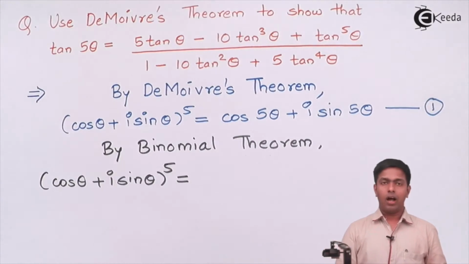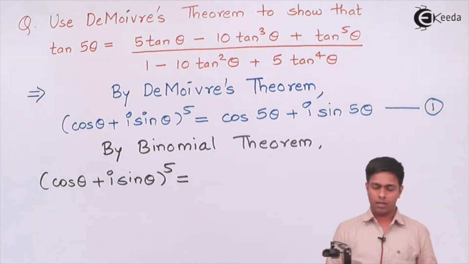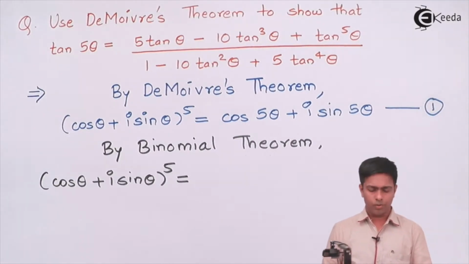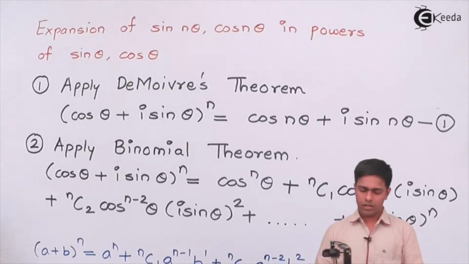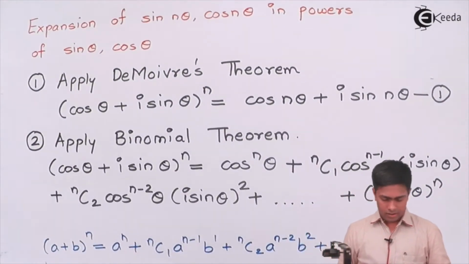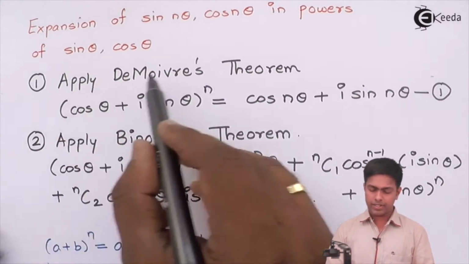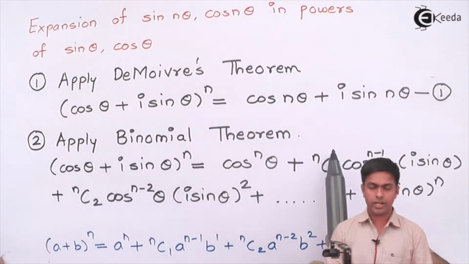Now how to expand this by using the binomial theorem. So we are going to revise the formula which we have seen in the previous video. We have completed step number 1 of De Moivre's. Now we are in step number 2.